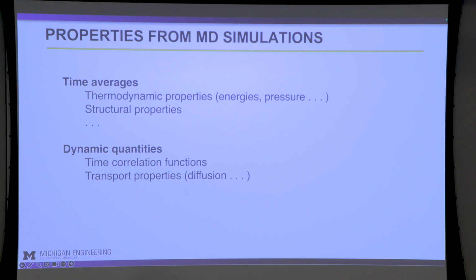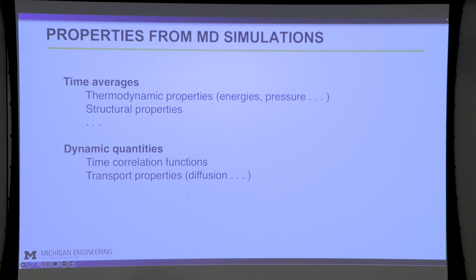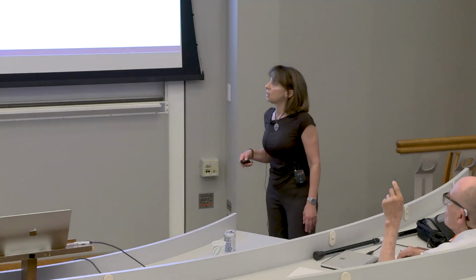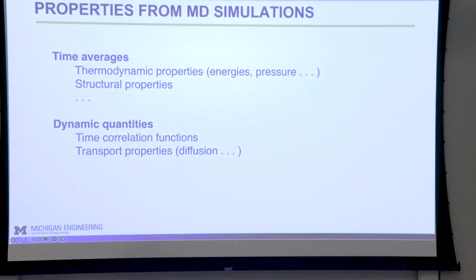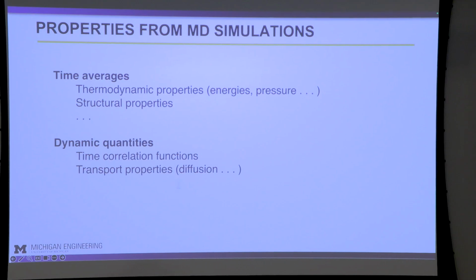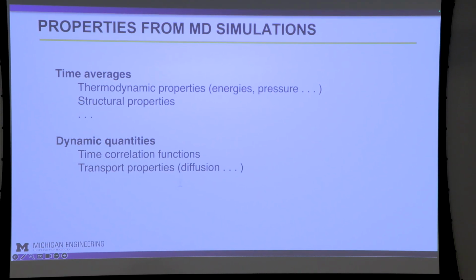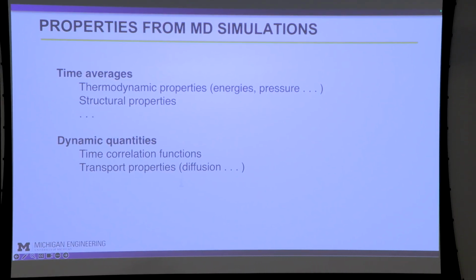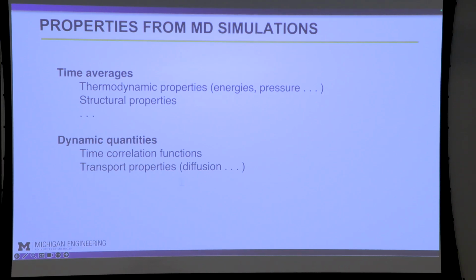Now, great. Why do we do this? What properties can we compute? I want to give you a couple of examples. Time averages: you can look at thermodynamic quantities, energy, pressure, structural properties, or you can look also at dynamic quantities like time correlation functions, transport properties, diffusion.